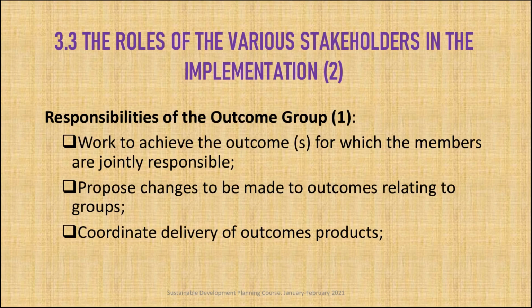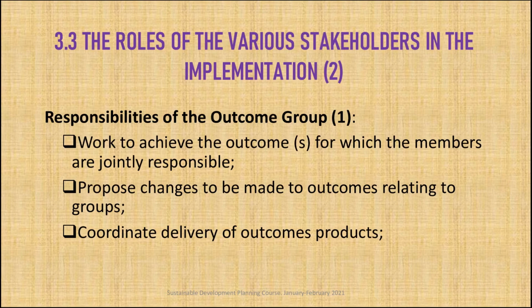The responsibilities of the outcome group are as follows. It works to achieve the outcome for which the members are jointly responsible. It proposes changes to be made to outcomes relating to groups.